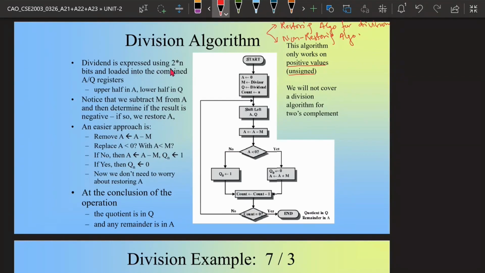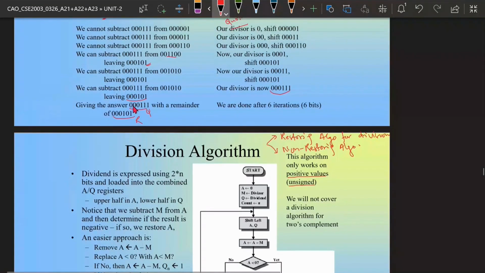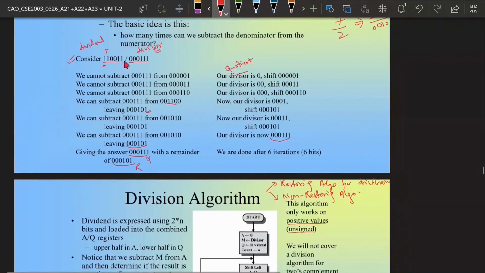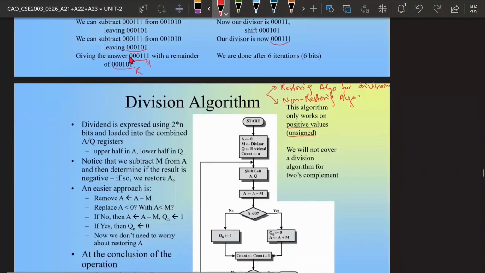Like a 6-bit divisor was there and the dividend was 6-bit. After performing the division, we get the quotient Q, that is of 6-bit, and another one is the remainder, that is also of 6-bit. So total we need 2 into 6, that is 12 bits, to store the final result.